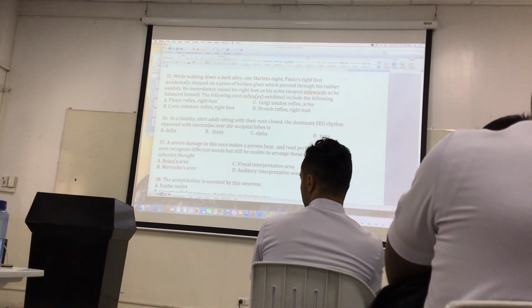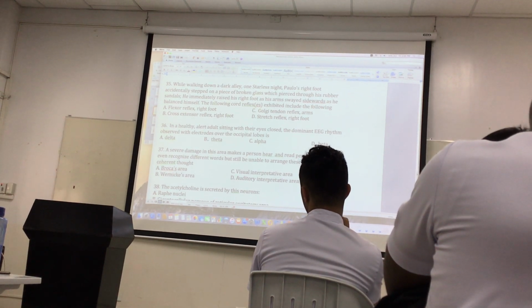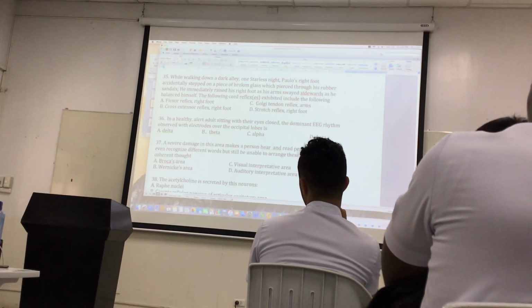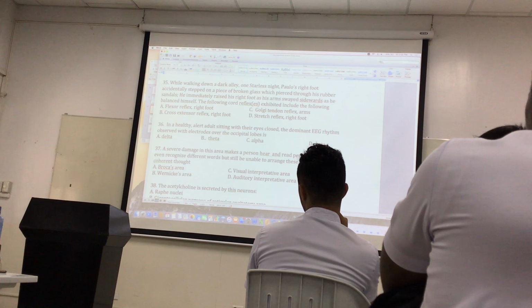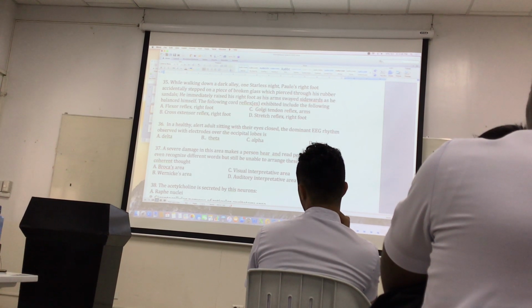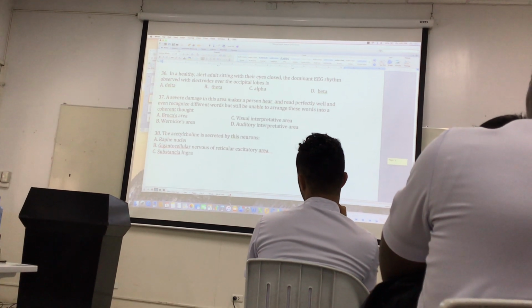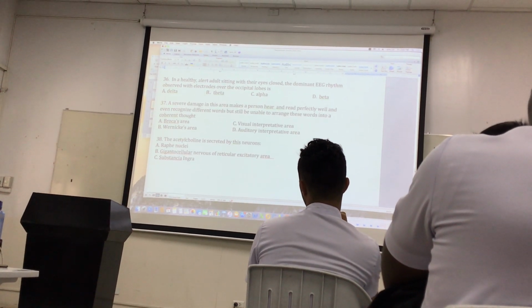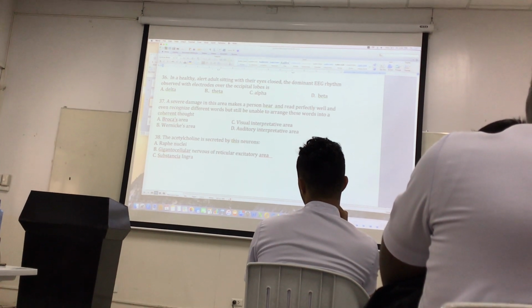What's the answer? What's the reflex exhibited? Letter A. Okay, flexion of the right foot. Cross extensor reflex of the left foot, supposedly. Okay, 36. What's the brain waves? When you're sitting, eyes closed, at rest, that's alpha waves.